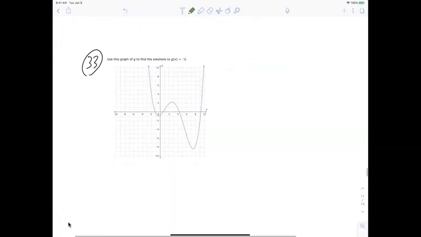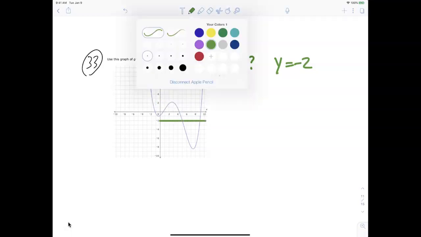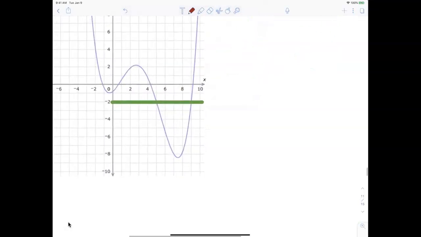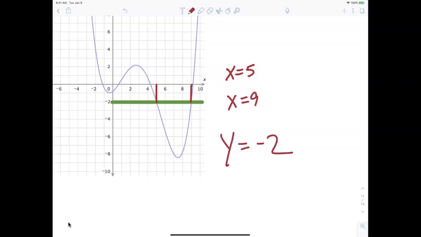Looking at 33, g of x equals -2. So the question is, x equals what when y equals -2? Now I'm going to y equals -2. Uh-oh. This is a great problem because it occurs at 2 x values this time. So when x equals 5 and x equals 9, the y value is -2.